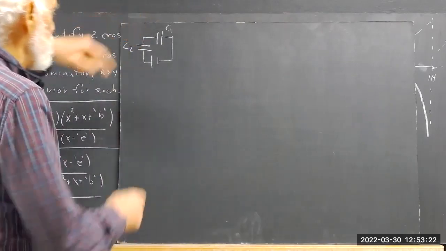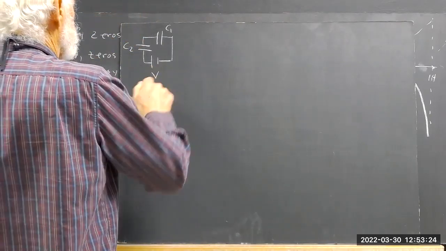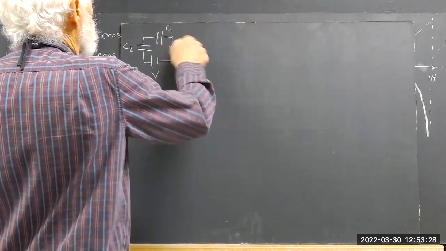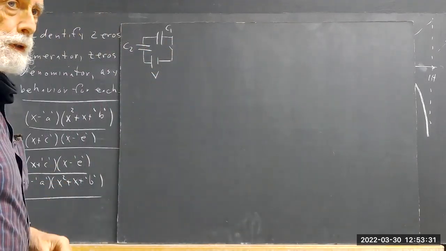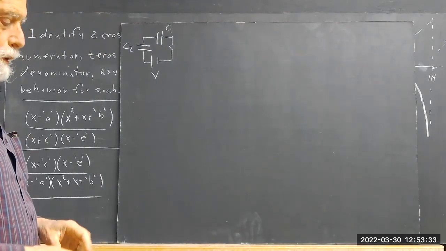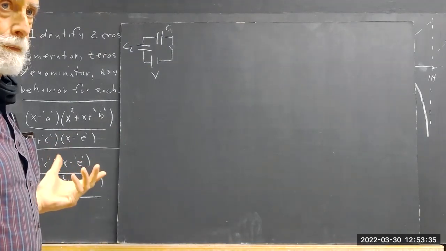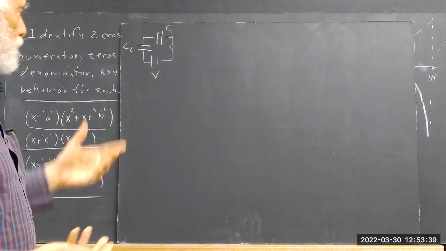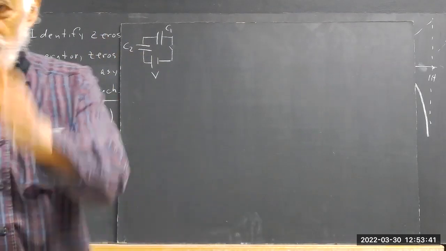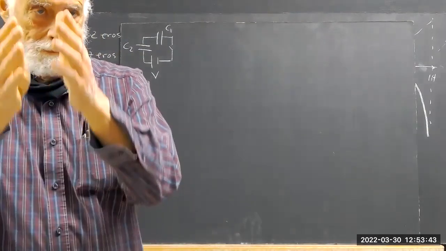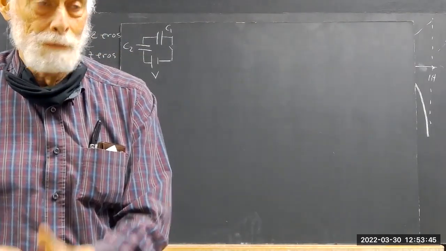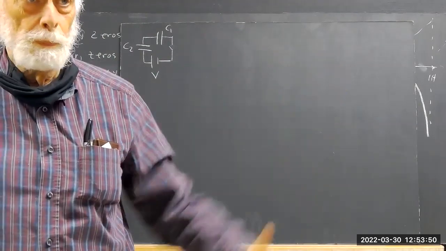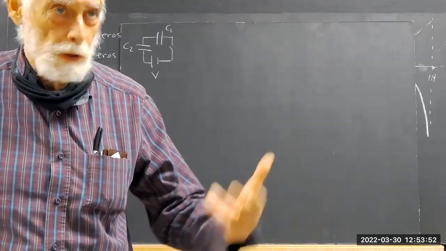Okay, you've got two capacitors, you've got a source, and maybe you've got a switch. You've got a switch here, you close the switch. What happens? Just imagine you've got a sheet of metal here, two sheets, opposing sheets close together, big sheets, the size of a football field, the size of a county, whatever.